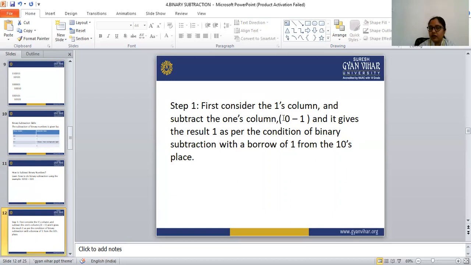That 1 comes here, the tens position becomes 0, and binary 1 0 is equal to decimal number 2. So 2 minus 1 is equal to 1.